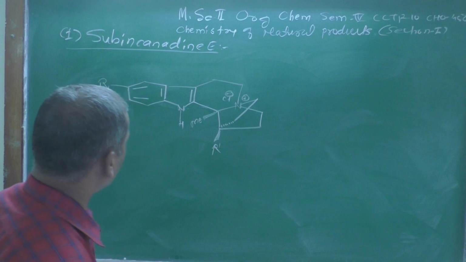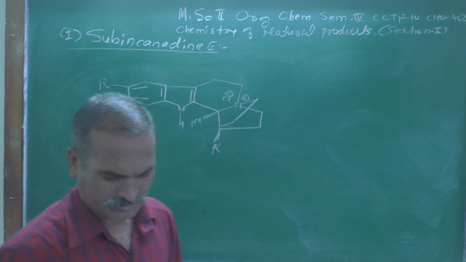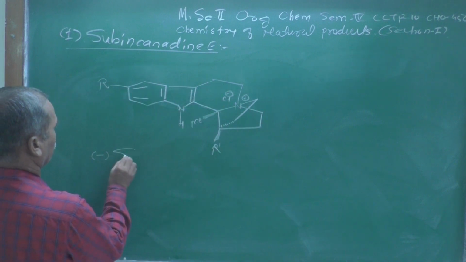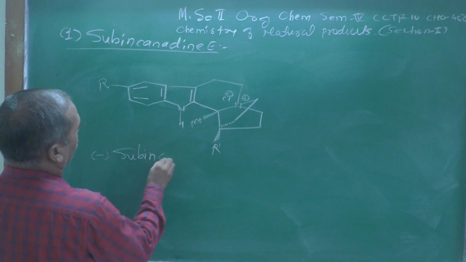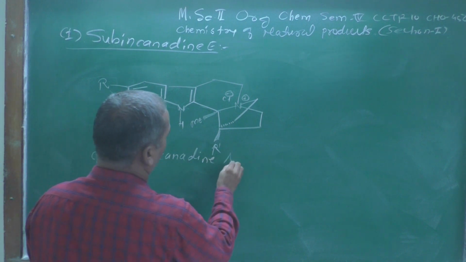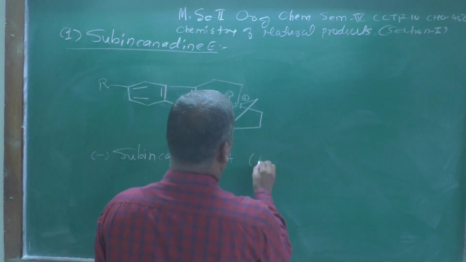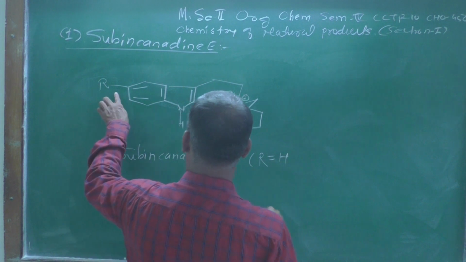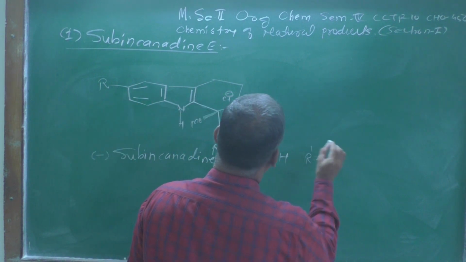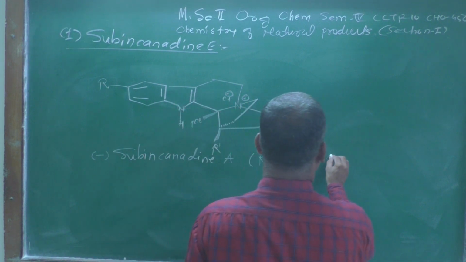Now here there is minus Subincanadine A, when R is equal to H, this becomes a benzene moiety, and R dash is equal to OH.